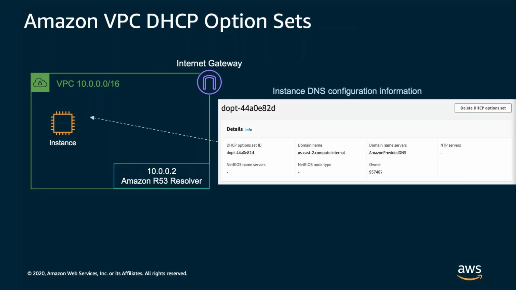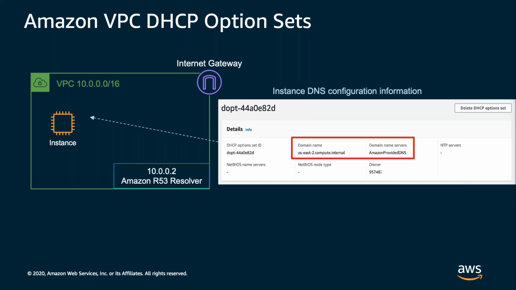So here we're just using the default DHCP option sets, and we've enabled the domain name resolution, and we've also enabled domain names. So both of those will work out of box for any instance that gets provisioned within this VPC. It'll automatically get a host name assigned, and it will have access to the .2 resolver to do all of its DNS resolution.